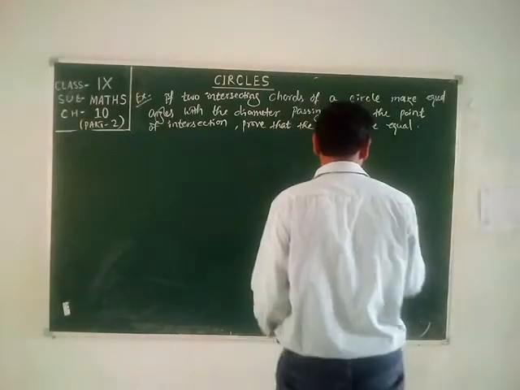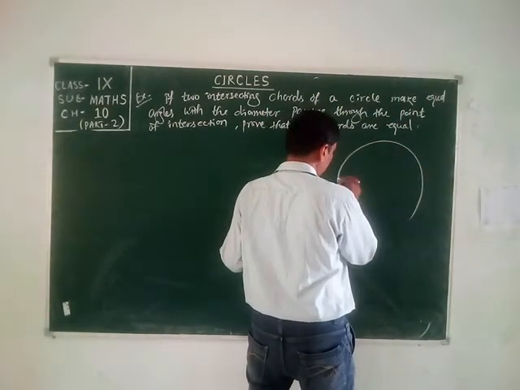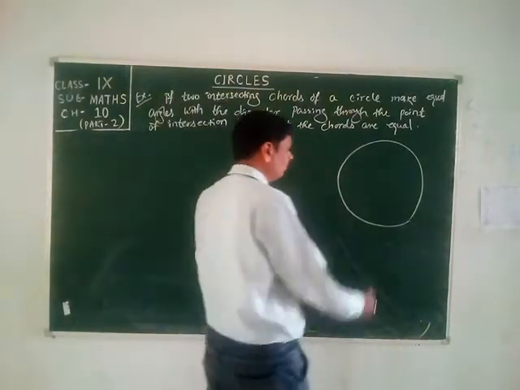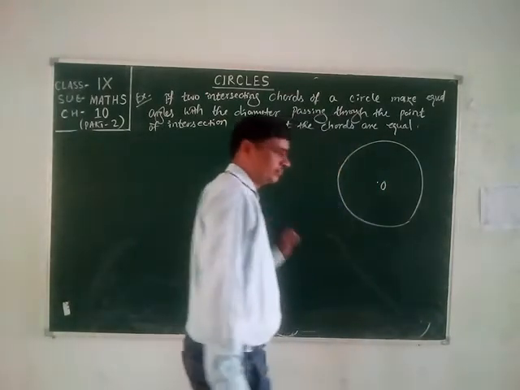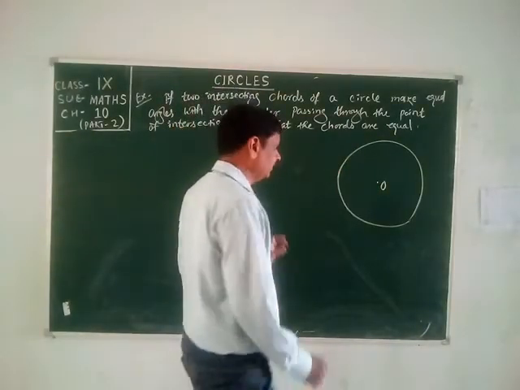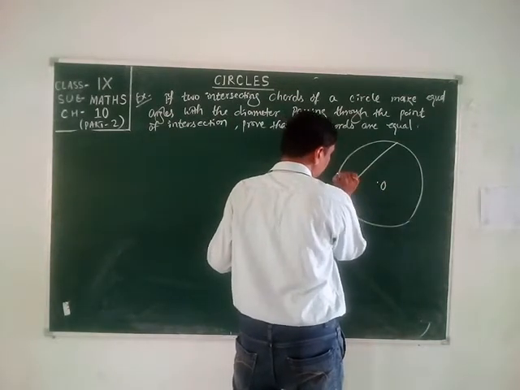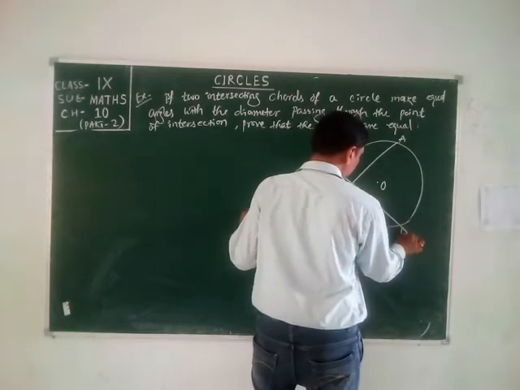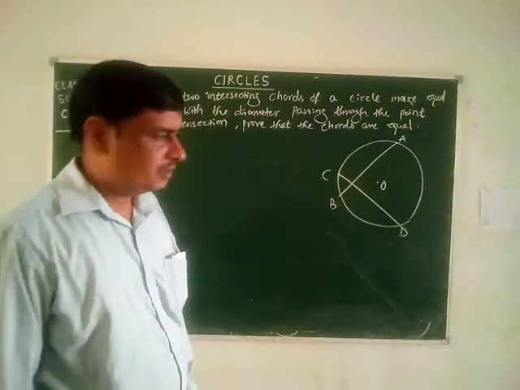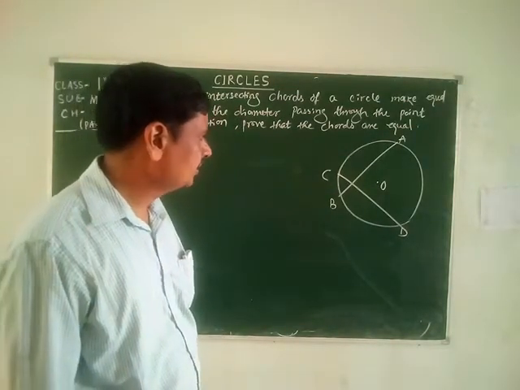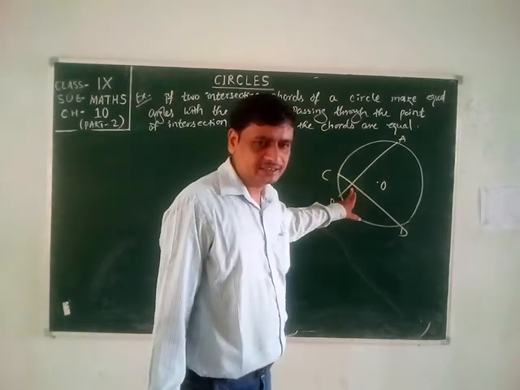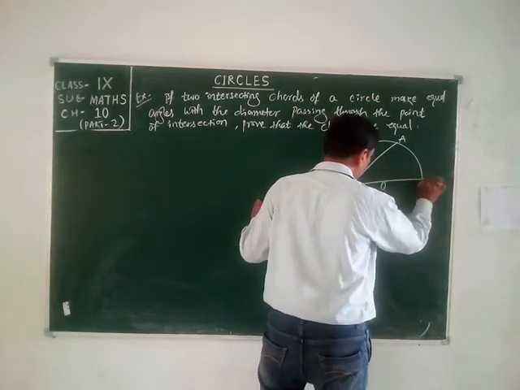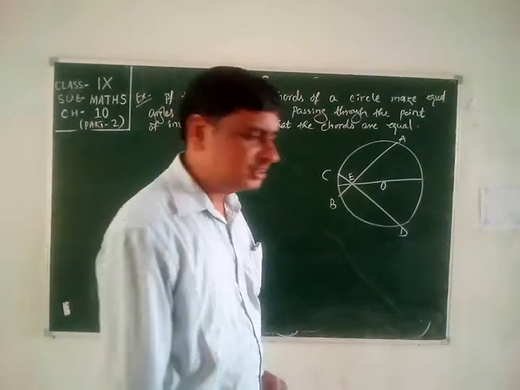Let there be a circle with center O. Two chords AB and CD are drawn, and a diameter is passing through the point of intersection E. Name the diameter PQ.